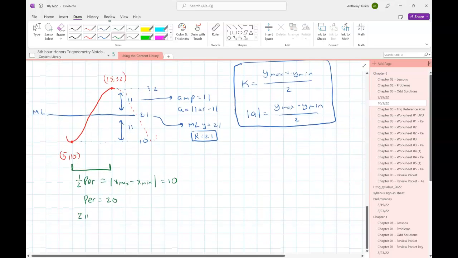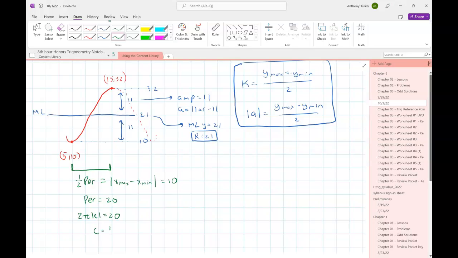And I know that one period is 2 pi times the absolute value of c. So c is 10 over pi or negative 10 over pi. So far, so good. Remember, we're always going to pick the c to be positive.